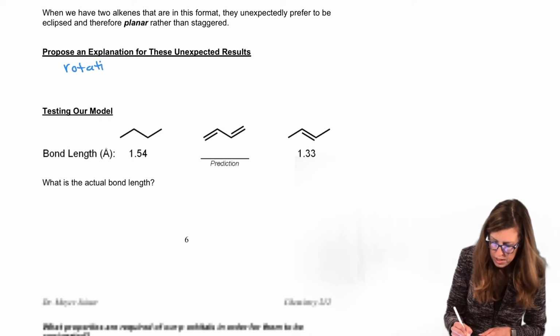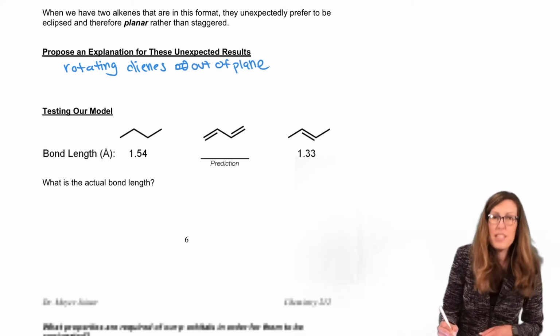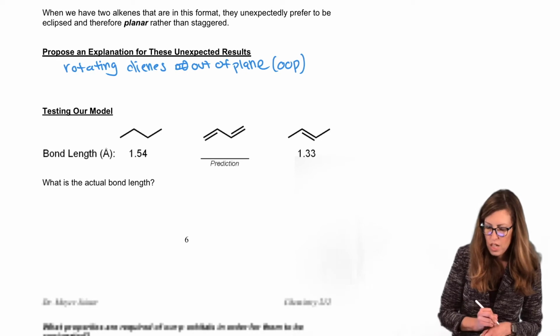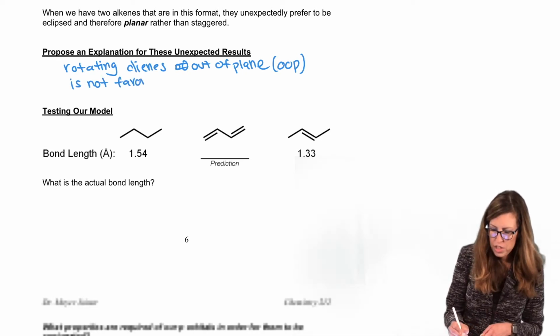Rotating dienes out of plane. And we say that so much because so many things need to be in plane or out of plane. There's a common abbreviation, OOP, out of plane, is not favored because it disrupts conjugation.